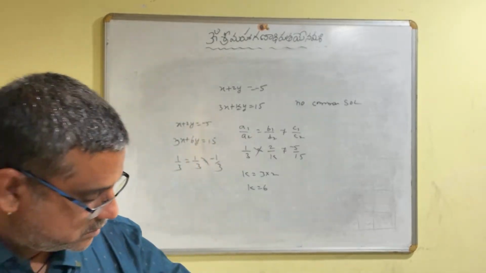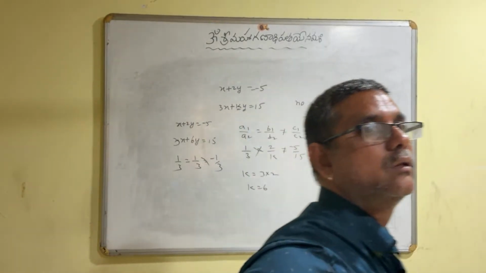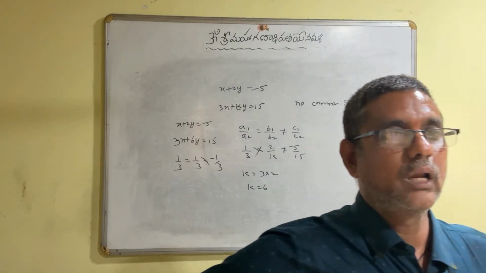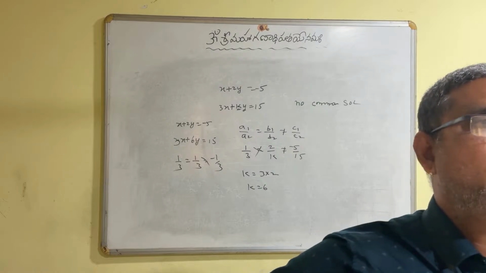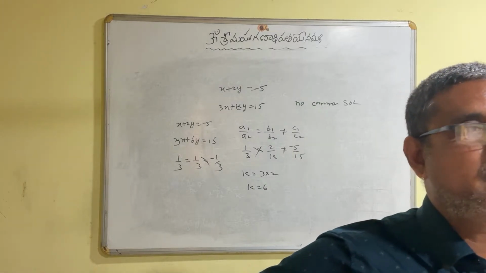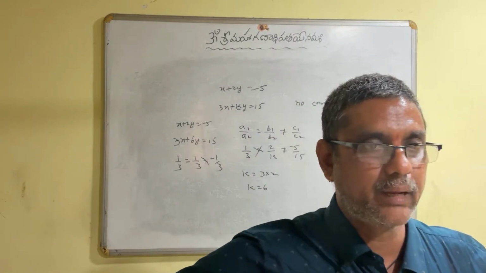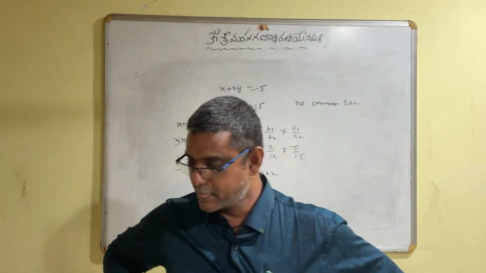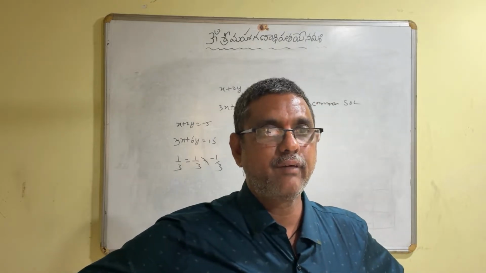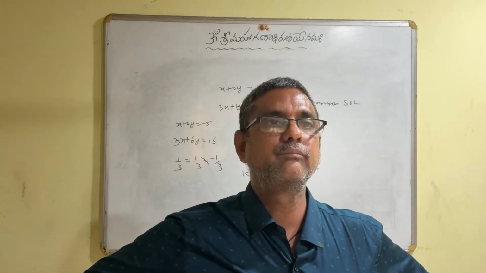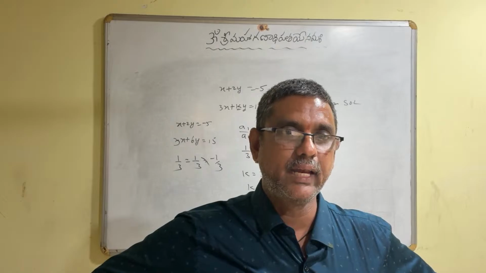So the conditions of consistency are very, very important in solving pair of linear equations in two variables problems. And you can find out the unknown coefficients also, that is k values.